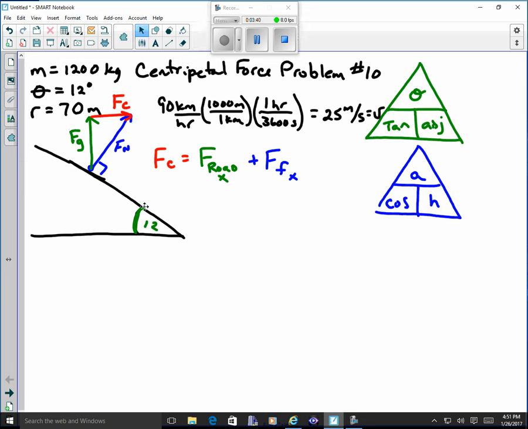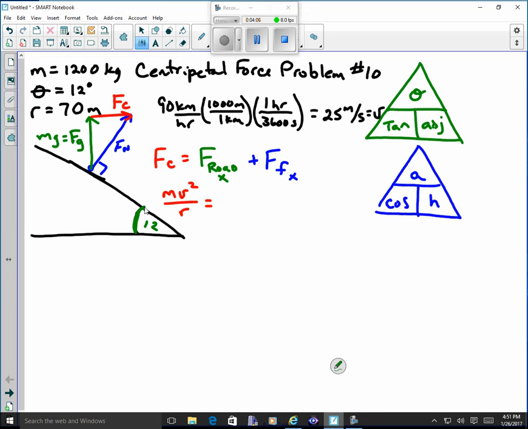Well, I don't know any of these, so we're going to have to substitute in some formulas to help us out. The formula for centripetal force is m times v squared over r. Now, the road gets a little bit tricky because the road's pushing straight up due to gravity. So that green would be m times g, because the force of gravity is m times g.